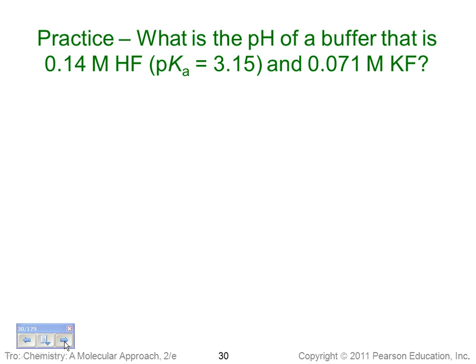You should get the same number you got a while ago. So pH is equal to 3.15 plus the log of 0.071 divided by 0.14. So it's approximately the log of 0.5 something.